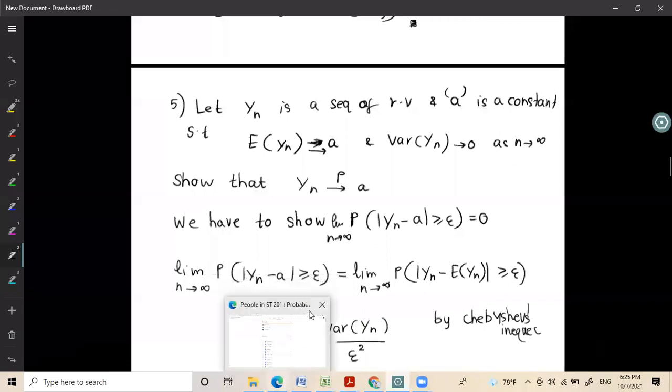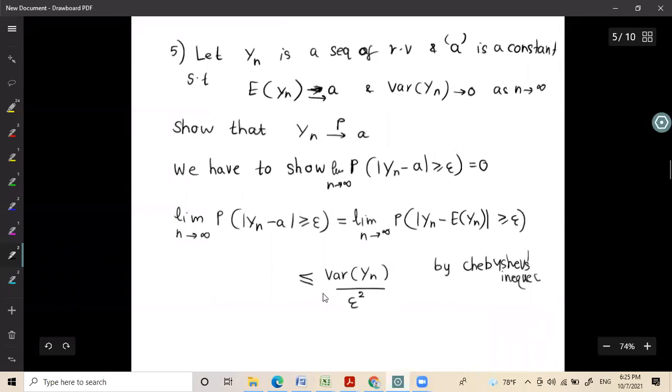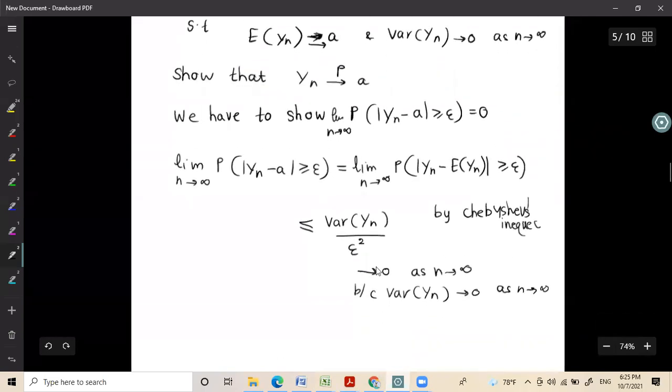And what do we know about the variance of Yn? It goes to 0 as n goes to infinity. So the whole right-hand side goes to 0, because the variance of Yn goes to 0. It doesn't matter what you have at the bottom. When your numerator goes to 0, everything goes to 0. Which means you can say Yn goes to a in probability.